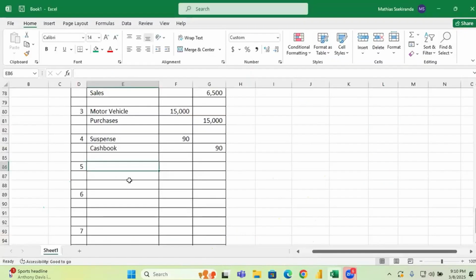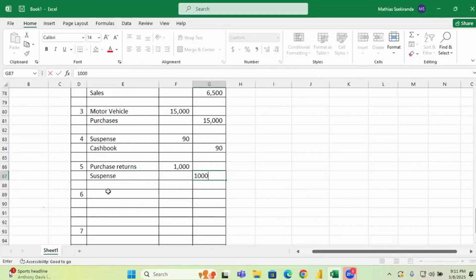We shall reduce it by debiting purchase returns. Remember, they are credits, so you reduce them by debiting them by 1 million. And since it is an overcast error, the corresponding entry goes to the suspense.